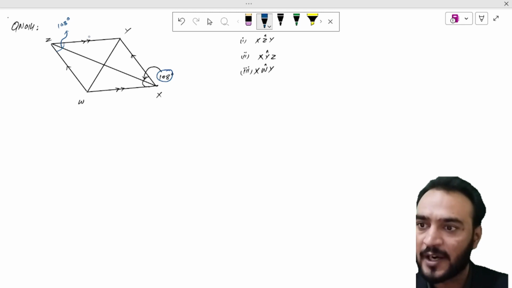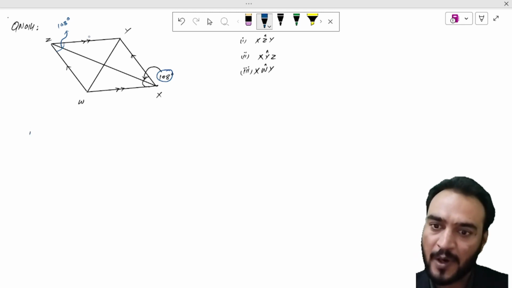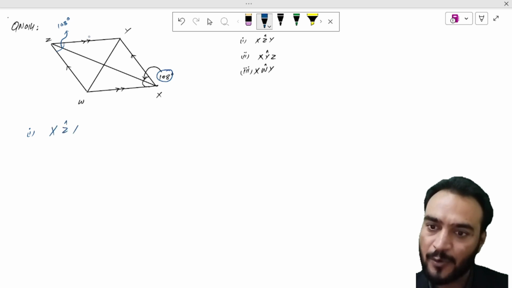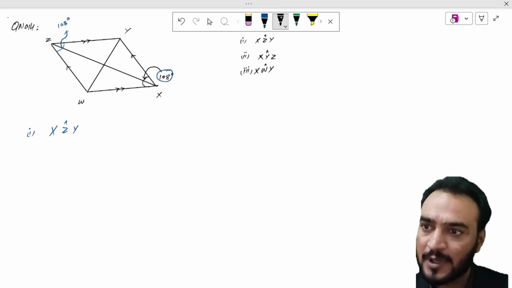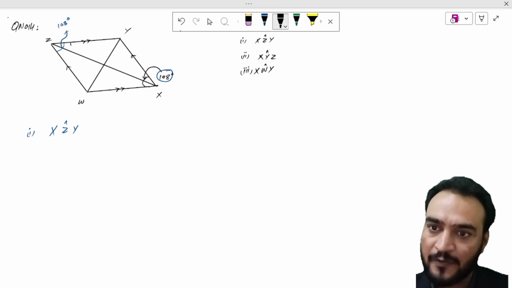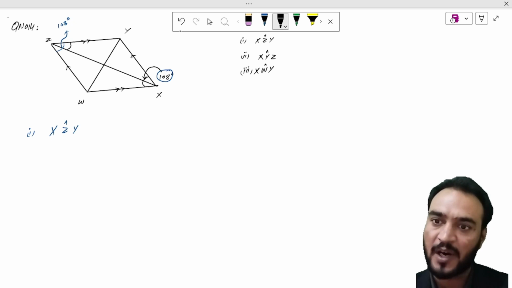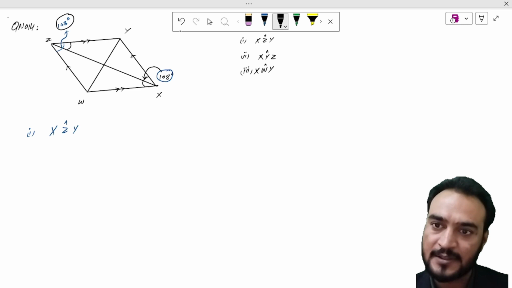We need to find XZY in part 1. This was the angle XZY which we have to find. Actually, the diagonal in a rhombus bisects the interior angle. So XZY is the bisection of the 108 degree angle.